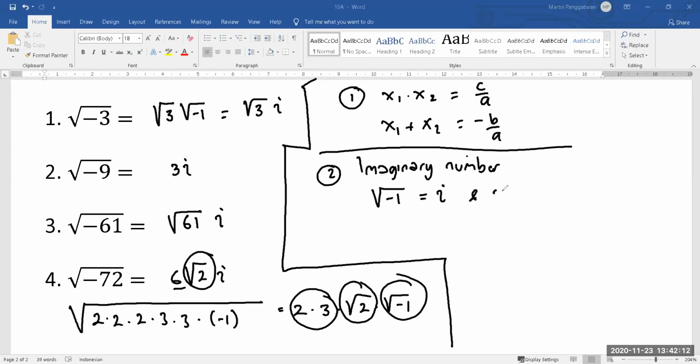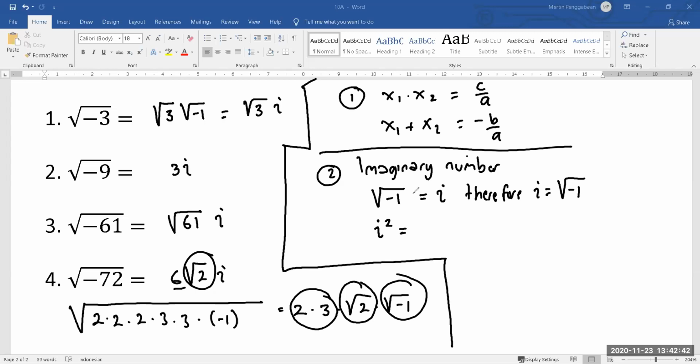And therefore, i equals square root of negative 1, of course. Okay, reflexive axiom. But the thing I want you to know, let me ask you then, Daud, what is i square?